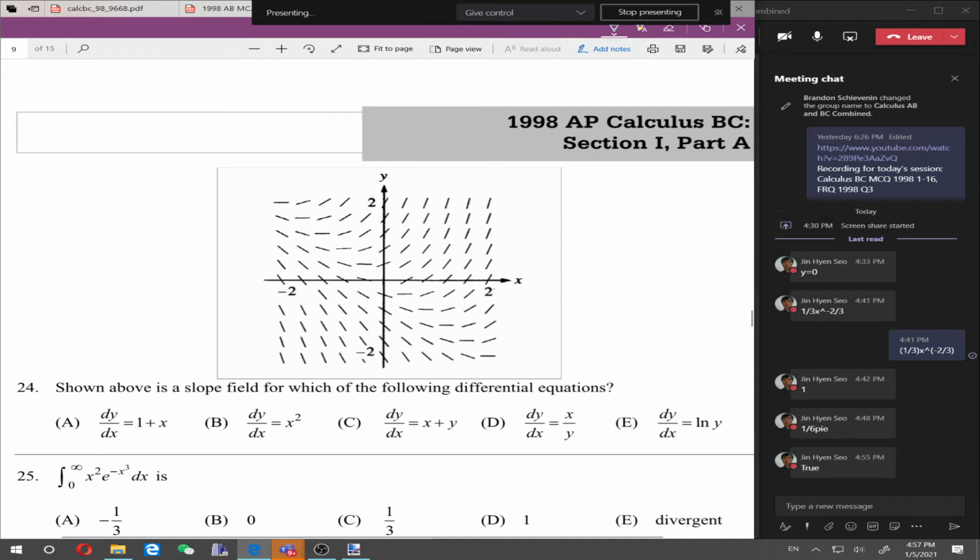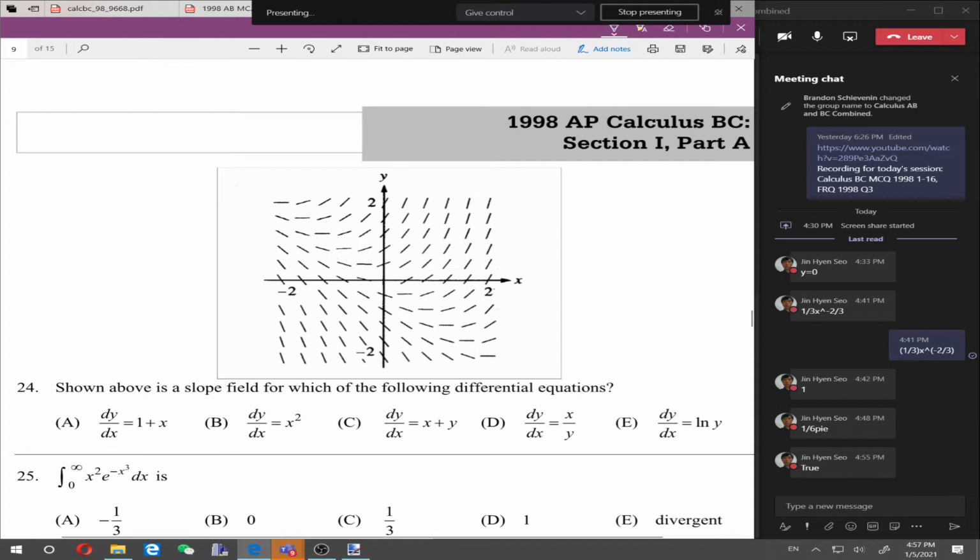Okay, the 24 is both AB and BC, but this is Kyle's turn. So shown above, we have a slope field for some differential equation. Kyle, what's the first information about this graph that you might look for to help you out? The first thing I looked at was the horizontal lines.